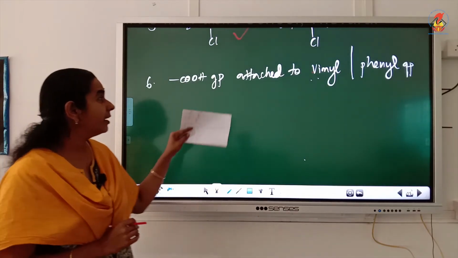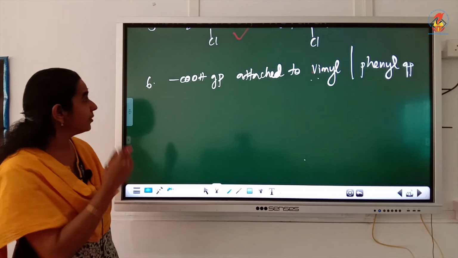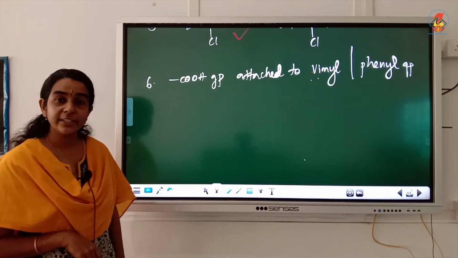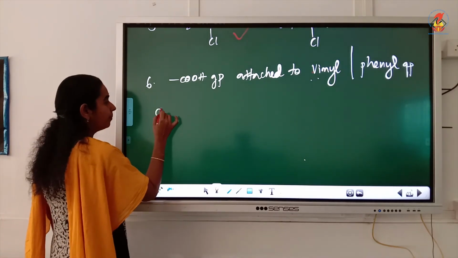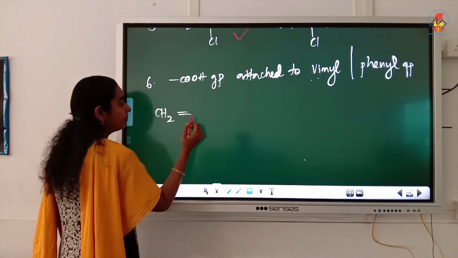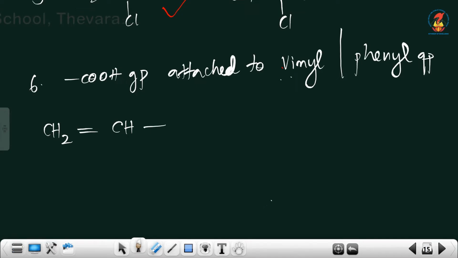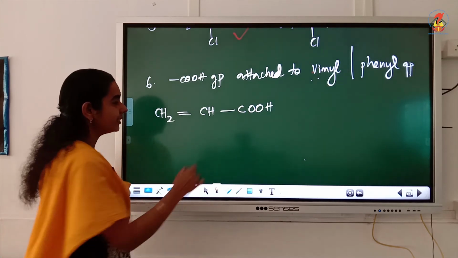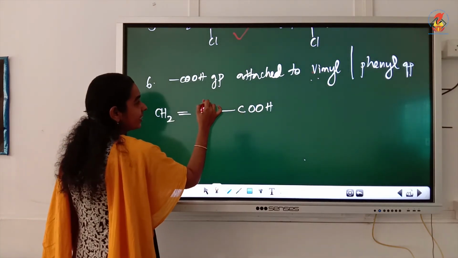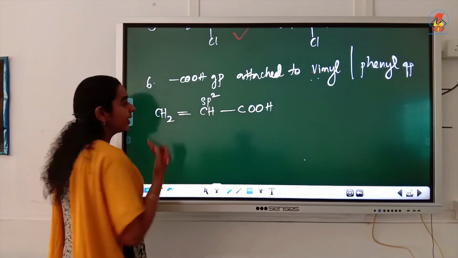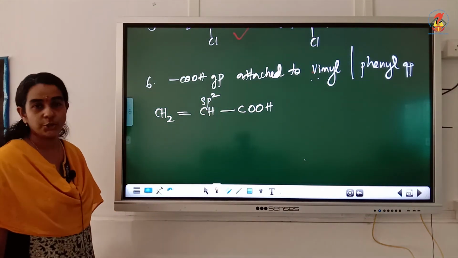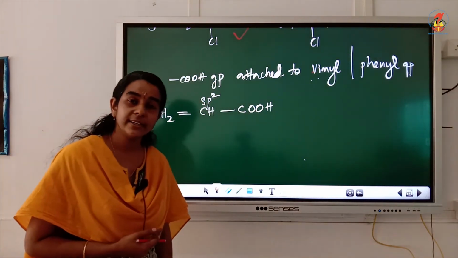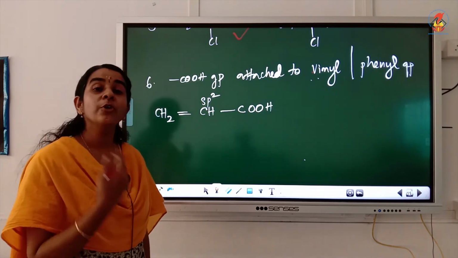For example, if a COOH group is attached to a vinyl group, CH2=CH, we know the hybridization of this carbon is sp2. So an sp2 hybridized carbon is always more electronegative.